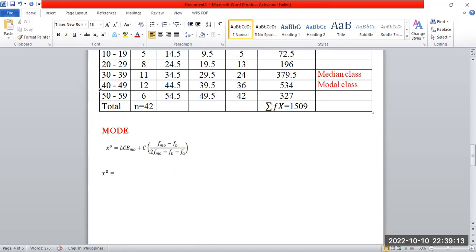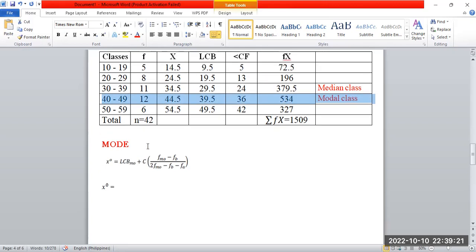Remember, itong row na to, 40 to 49, ito yung mga nasa modal class. And lower class boundary, LCB, ano yung LCB natin in the modal class? 39.5.